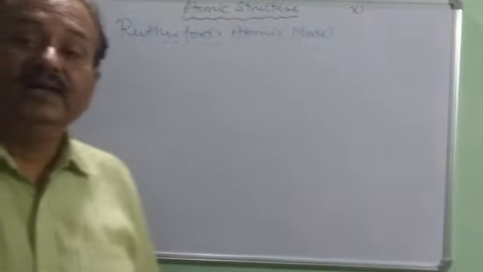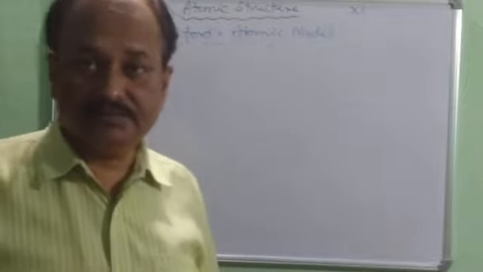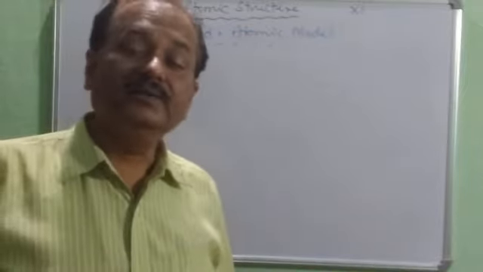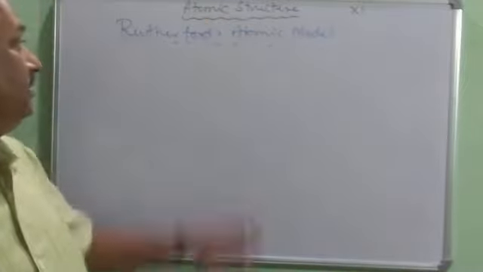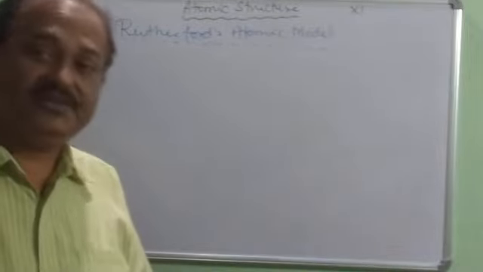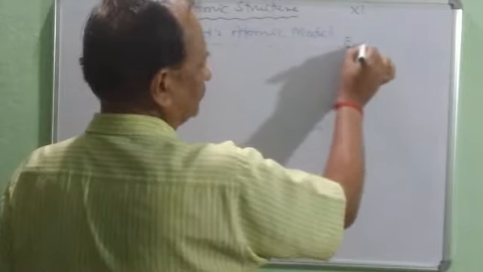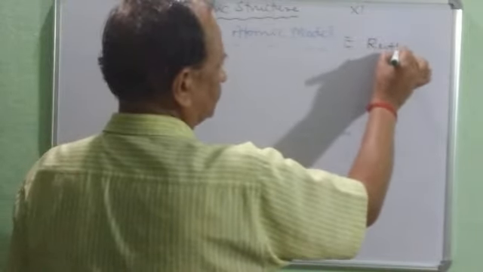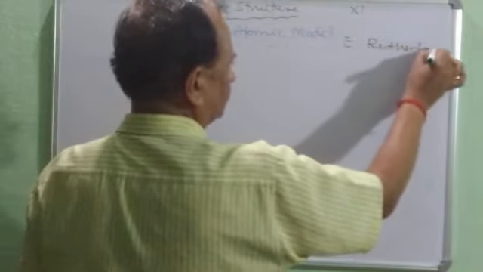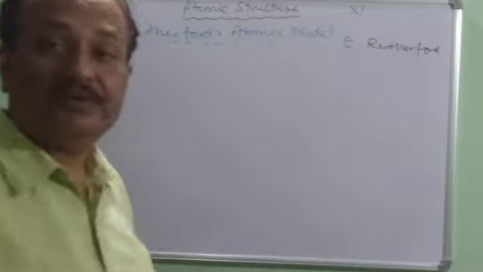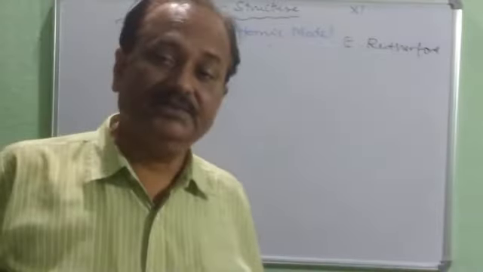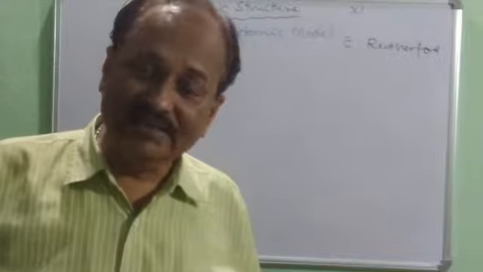So after the rejection of Thomson's plum pudding model, there was a scientist named Ernest Rutherford. Rutherford performed an experiment called a scattering experiment.